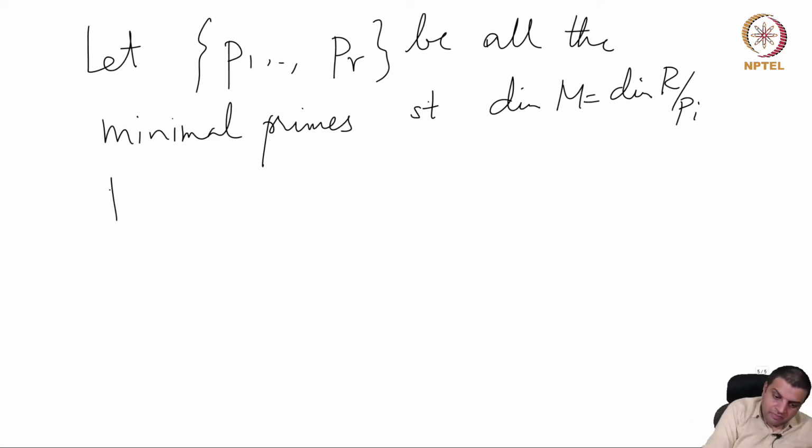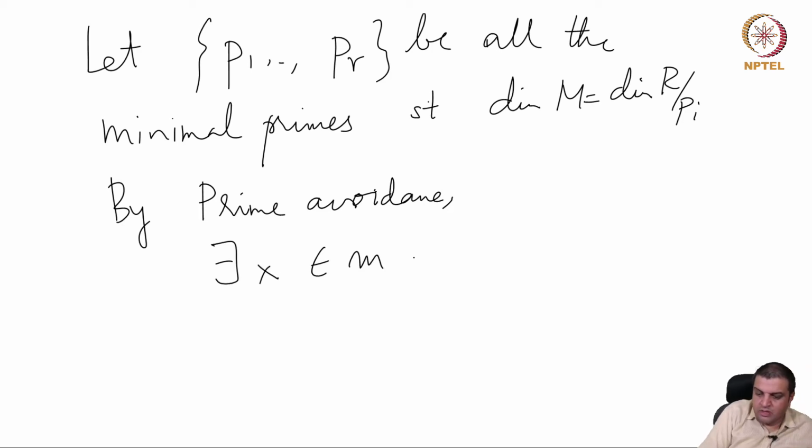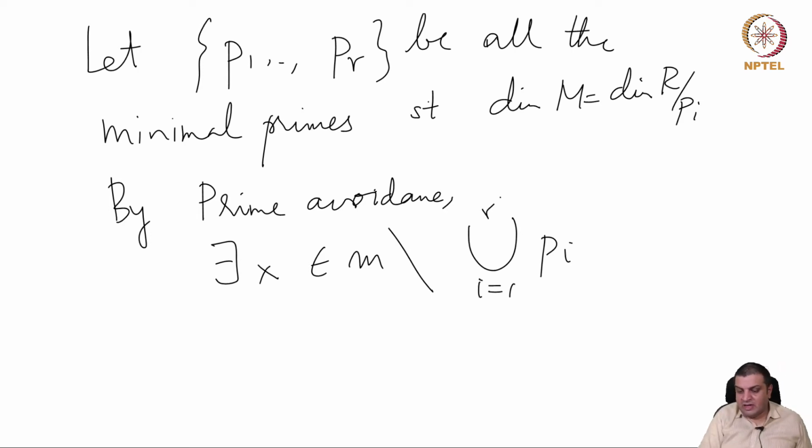Okay, by prime avoidance, there exists an x inside m, but not in the union of these Pi. This is what prime avoidance said. You don't need a maximal ideal here. If an ideal is not in any one of a collection of finitely many prime ideals, then it's not in the union.